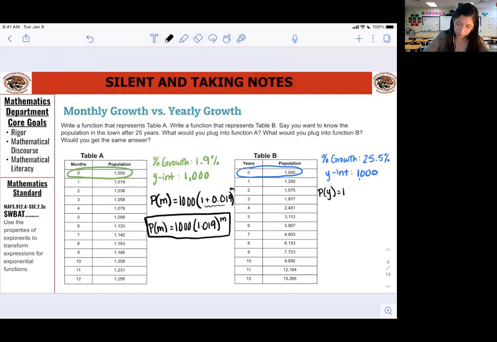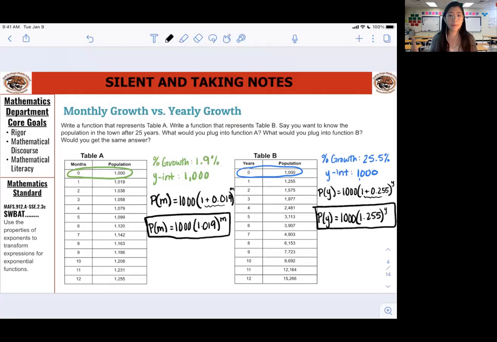So P of Y is going to be 1,000 times 1 plus 0.255 to the power of Y. And when I simplify, I get P of Y equals 1,000 times 1.255 to the power of Y. This is the same thing we did in the bell ringer, just that I started from a table rather than a word problem.